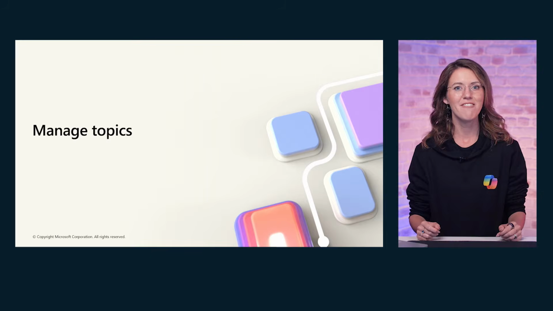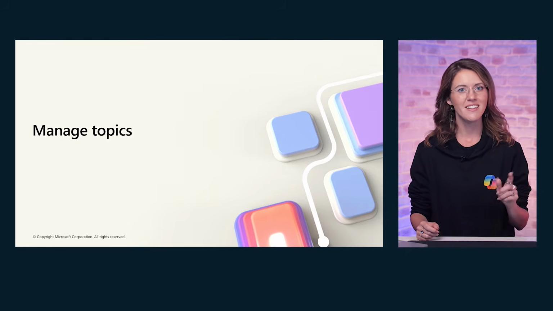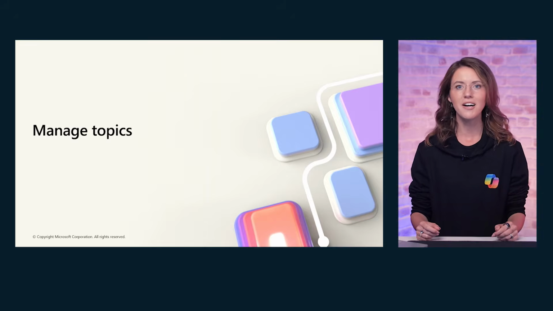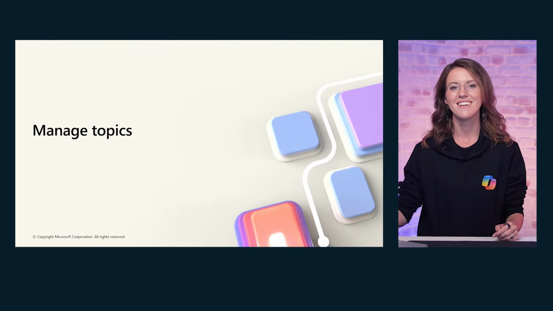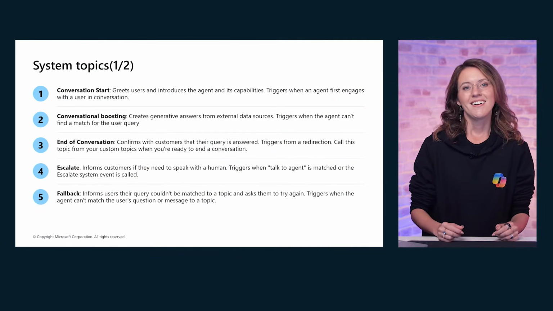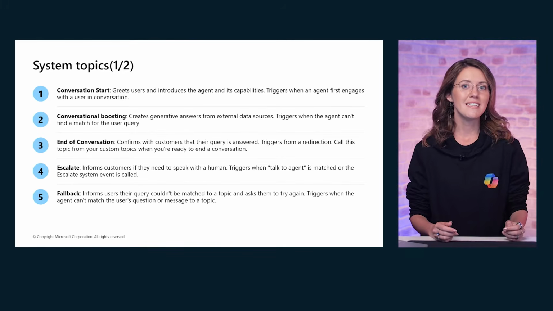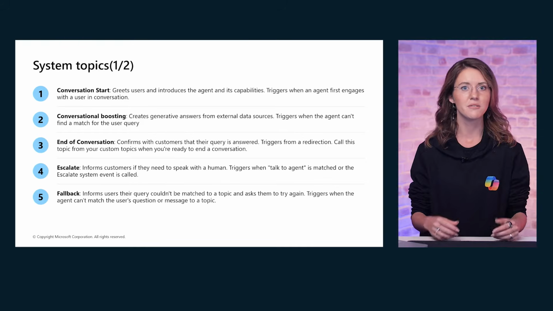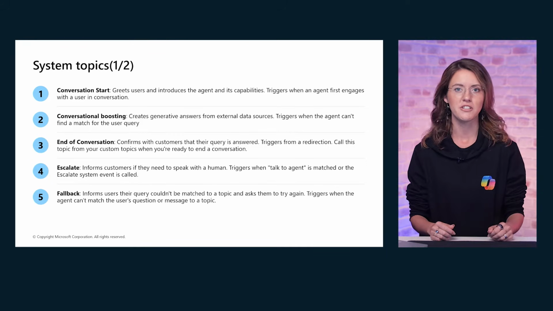Now that we have mastered managing triggers, let's dive into our next section where we'll explore how to manage topics. System topics are seamlessly integrated into Copilot Studio and automatically assigned to an agent upon creation.